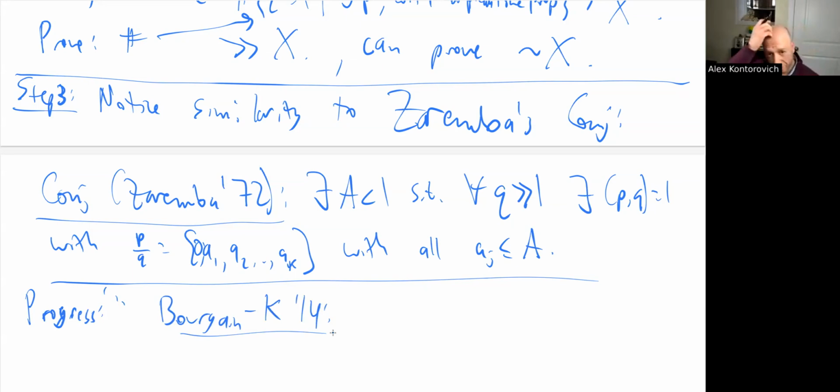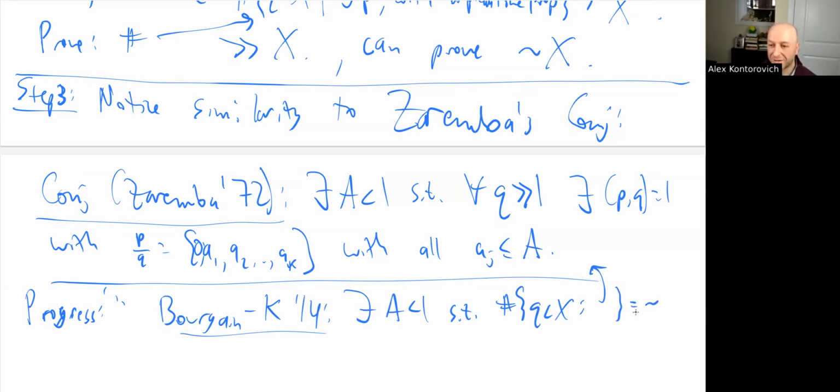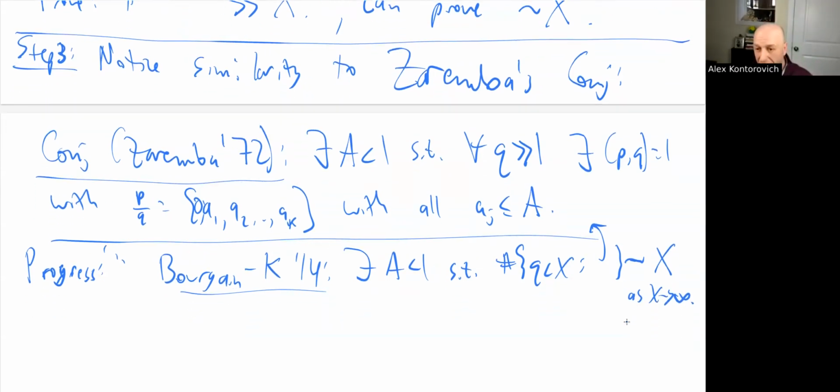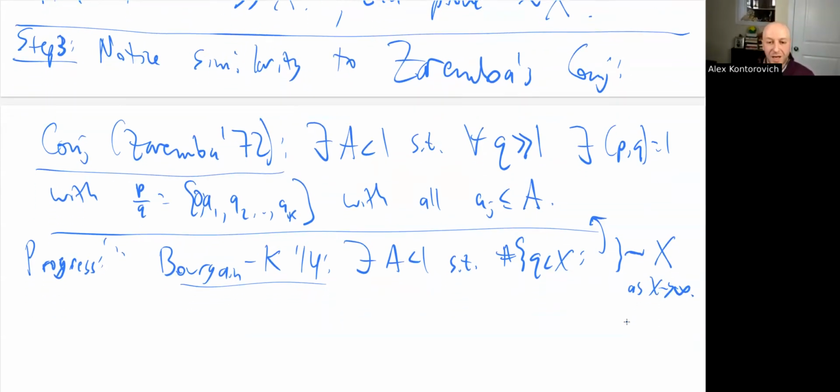But what John and I were able to show is that there does exist an A, so that the number of Q up to X having this property is asymptotic to X. So it's asymptotic to X as X goes to infinity. So a density 1 set of Q does satisfy this property. A is less than infinity, of course. A can't be less than 1. We need some partial quotients.